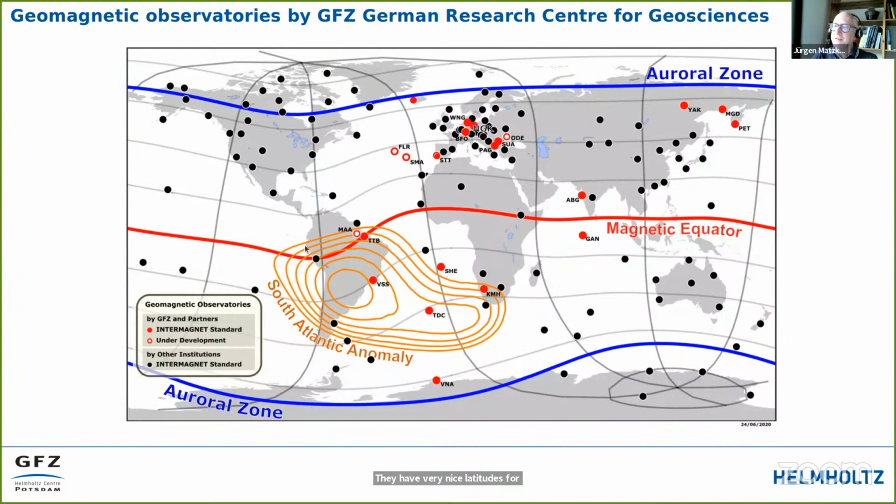We monitor the magnetic field, so we see how the South Atlantic anomaly is changing, and actually we are observing that there's a second minimum now starting to develop around Tristan da Cunha, the TDC station. We see this from geomagnetic satellite data, but I'm not a big specialist on the radiation belt, so I'll give this back to the audience.